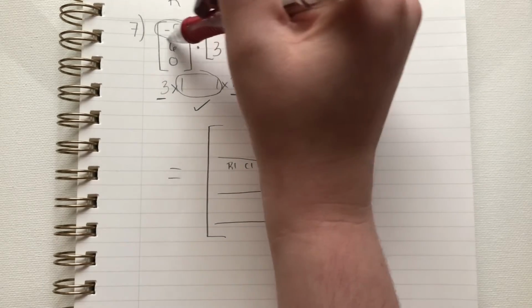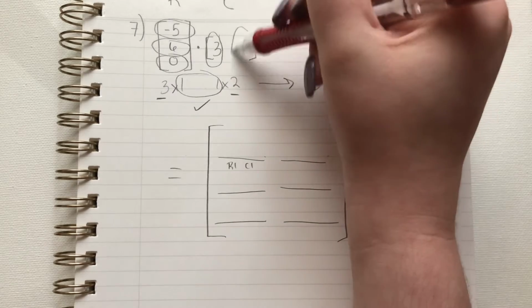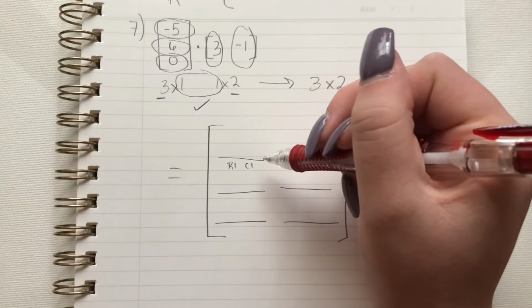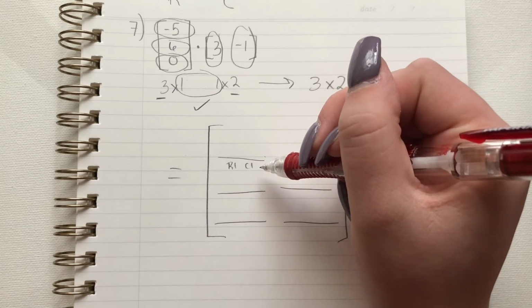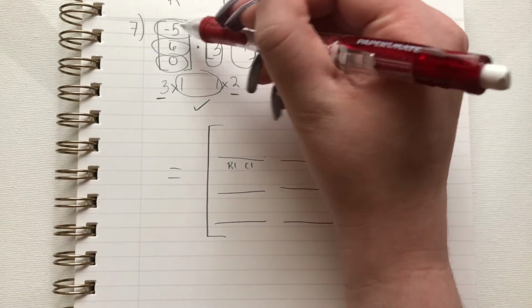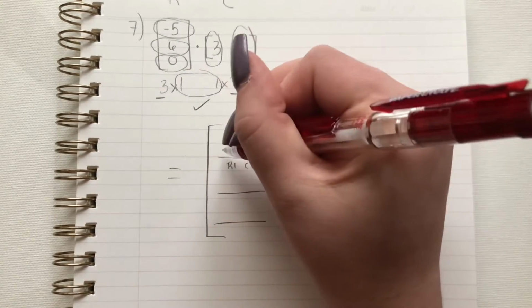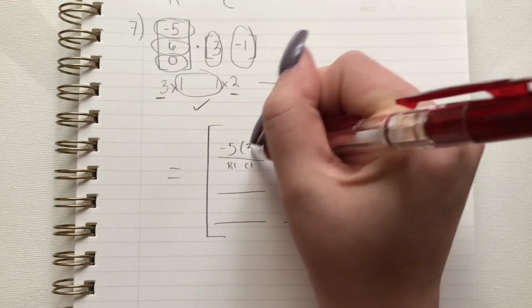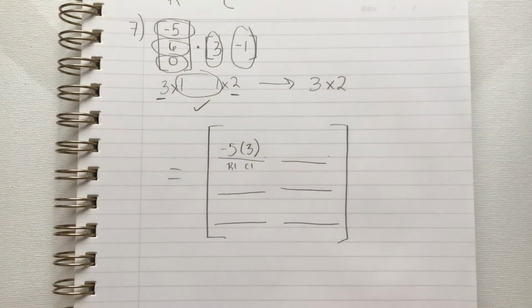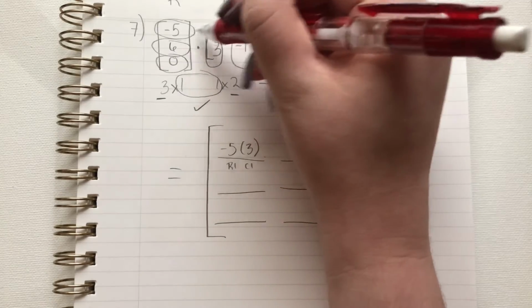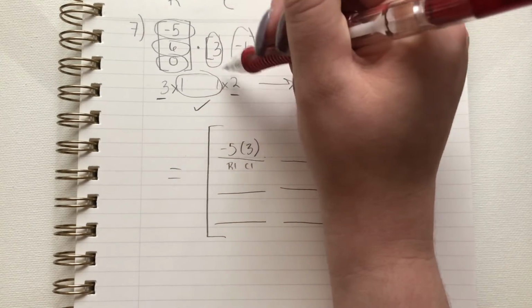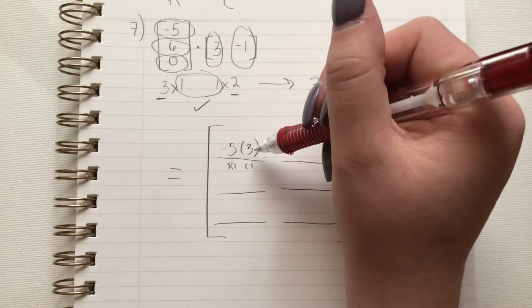So I'm going to look at this as 3 different rows and then 2 columns. So this first blank is row 1 times column 1. Well, there's only 1 element in this row 1, and there's only 1 element in this column 1, so that's -5 times 3. And that's it, that's all you can do. There are no other numbers in this row, no other numbers in this column, so it's just 1 product.